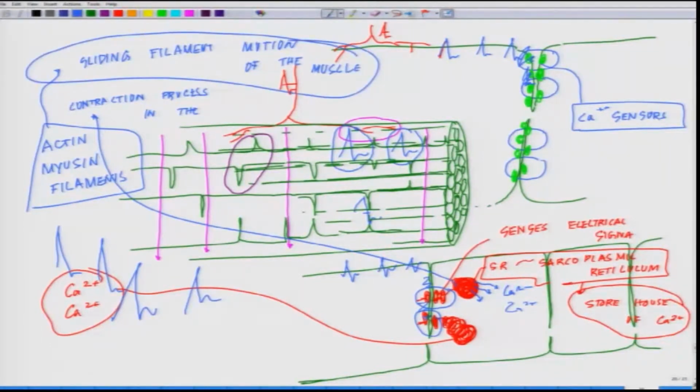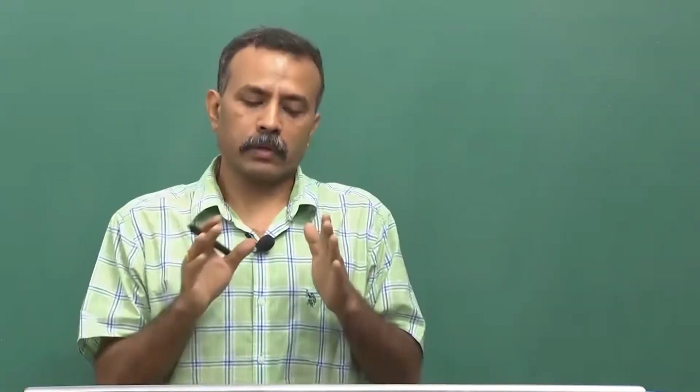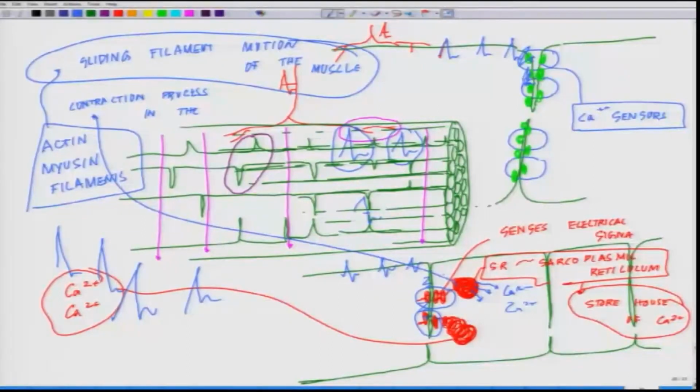If you remember, when we talked about muscle, we talked about this sliding filament motion of the muscle, where this sliding happens, and this calcium spike comes from here.